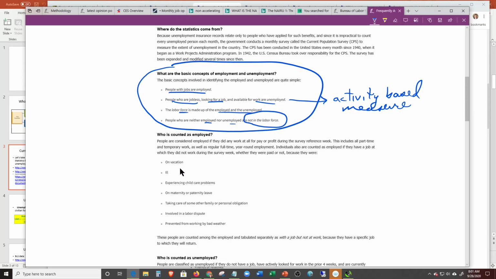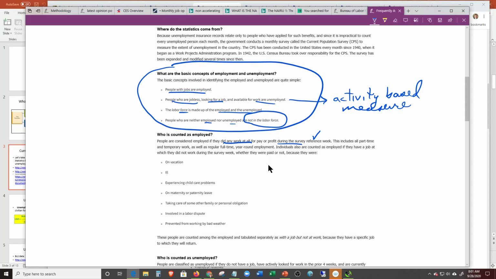Getting down to brass tacks here, you're counted in as employed if you did any work at all for pay. In other words, even 1 hour a week would count you as employed. And so this is one of the things that people criticize about this survey. But as long as you know this, they are accurately measuring what they say they're measuring.